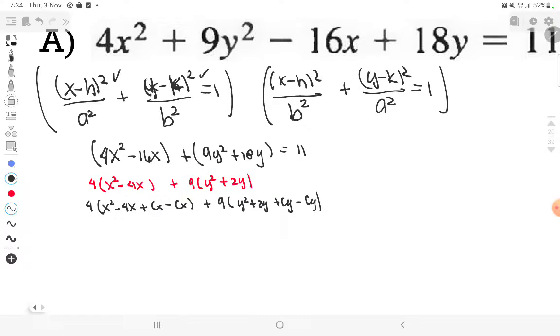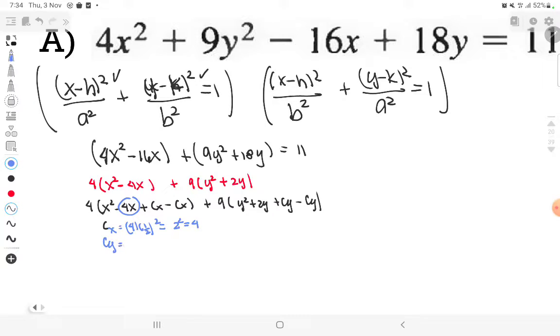But what is my cx and my cy? My cx is equal to one half of 4 multiplied by one half, squared, which gives 2 squared, equal to 4.